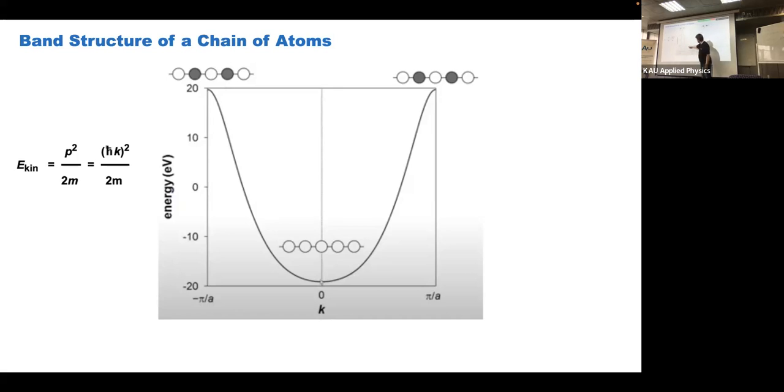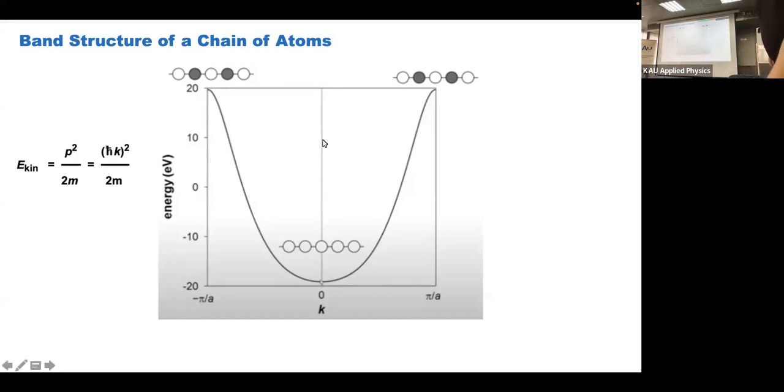So we have this anti-bonding, and this bonding, which should be all filled with color. We have this bonding state in the center of the Brillouin zone, and anti-bonding states at the borders. Low energy, higher energy, and it's a very simple representation.